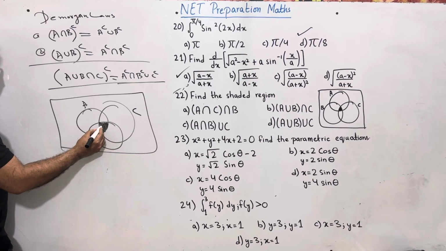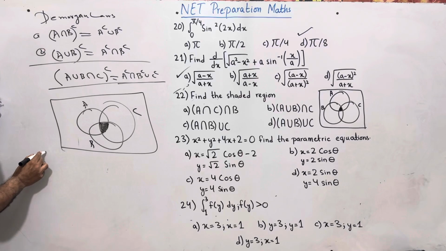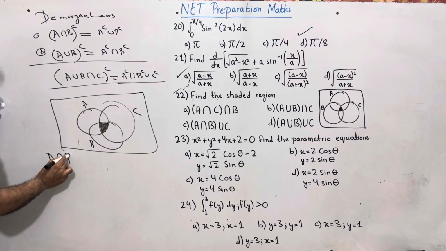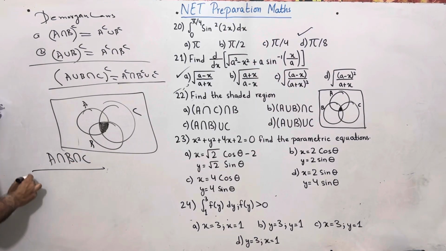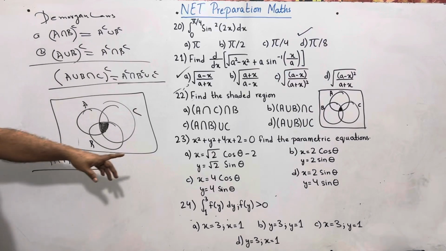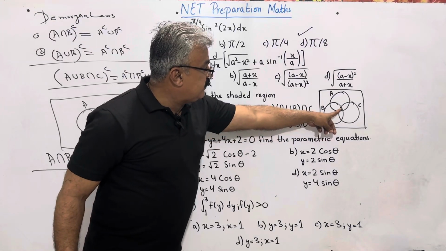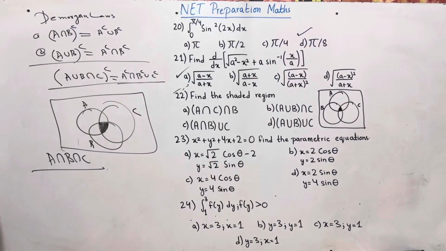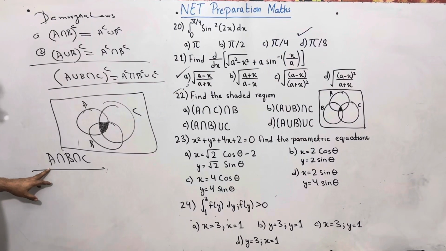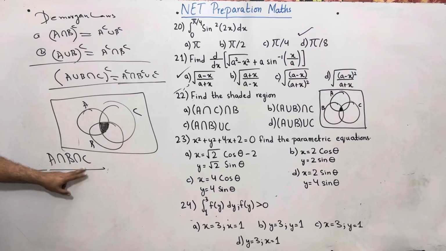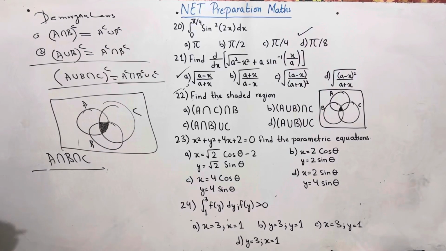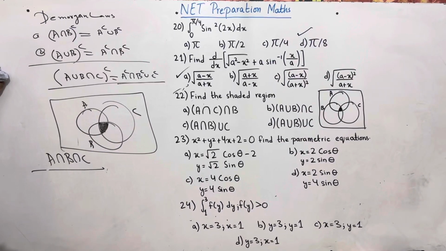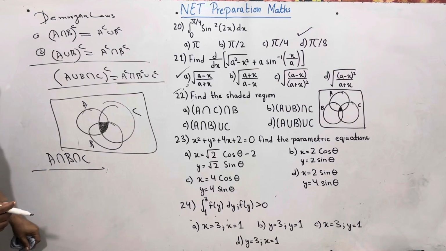It is known as A intersection B intersection C. Look at this. It is common to A, common to B as well as common to C. That is common to all. That is our A intersection B intersection C.